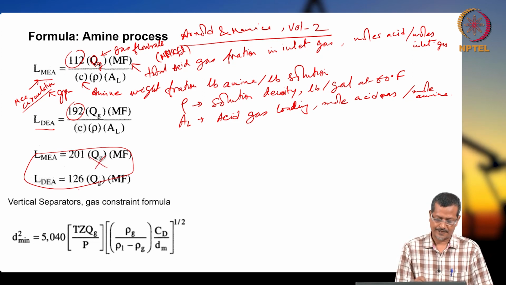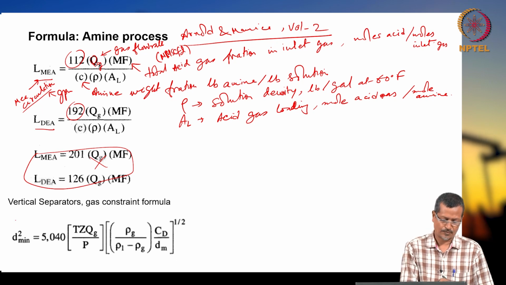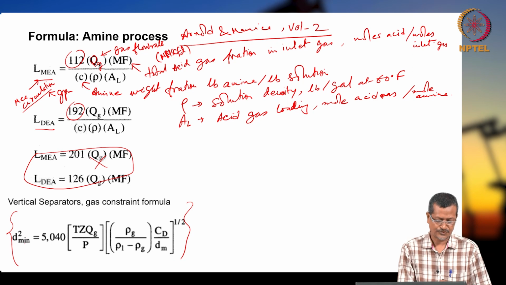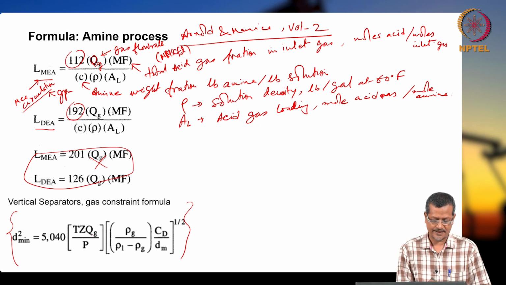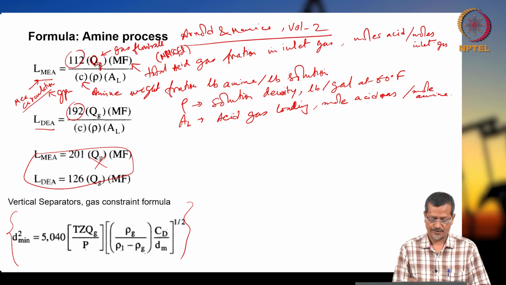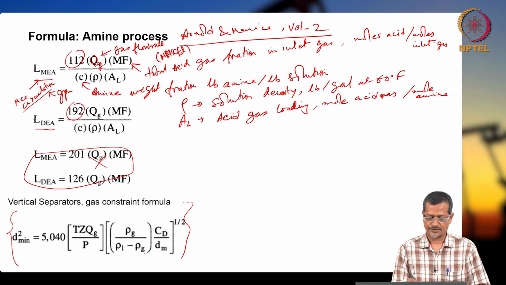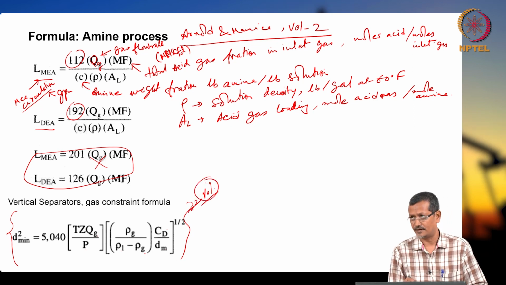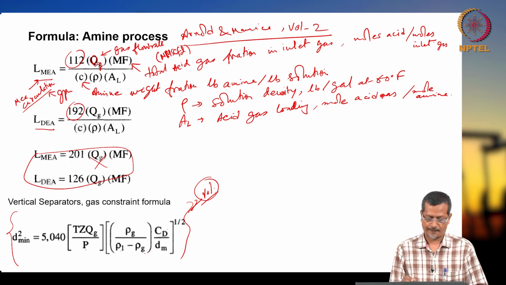And the vertical separator gas constant formula, you have seen this formula for your separator design, okay. d squared equals 5040 T Z Qg divided by P, times rho G over rho L minus rho G, times CD over dm, to the power half. This formula is given in volume 1 of the same book, Arnold and Morris, okay.